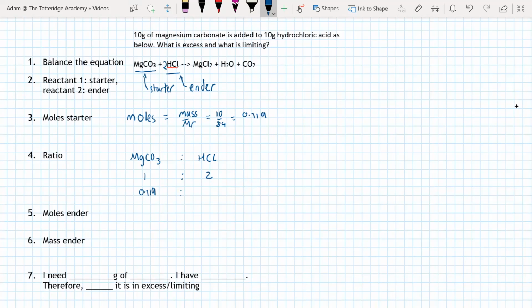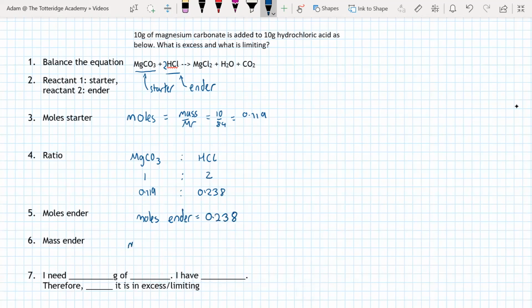So I take out my trusty calculator and I go 0.119 times 2, and it gives me 0.238. And again, there's an entire video about how I work that out, so I'm not doing it now. All right, so what that means is that my moles ender equals 0.238.